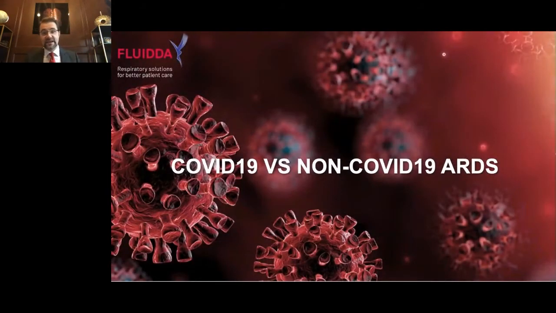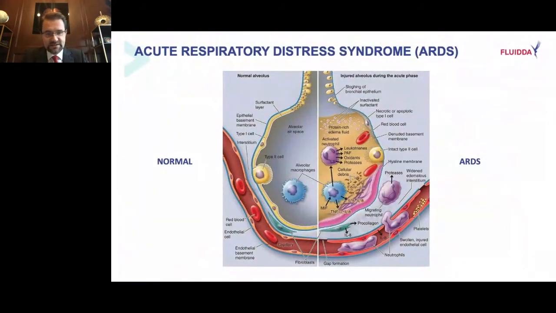There's a big debate still ongoing whether COVID-19 is different than non-COVID-19 ARDS, especially amongst intensivists. It's quite an intensified debate. You probably know ARDS, acute respiratory distress syndrome, is characterized by flux of inflammatory cells in the alveoli, impairing the gas exchange. So what you typically do is you intubate the patient and use increased pressures, fairly high pressures, to push these cells back to the other side of the membrane, trying to clear and recruit the airways.